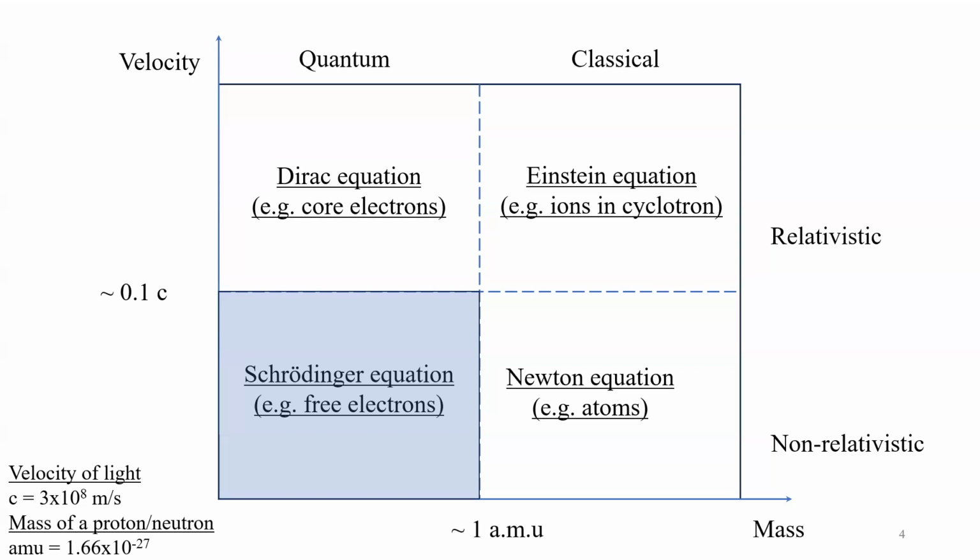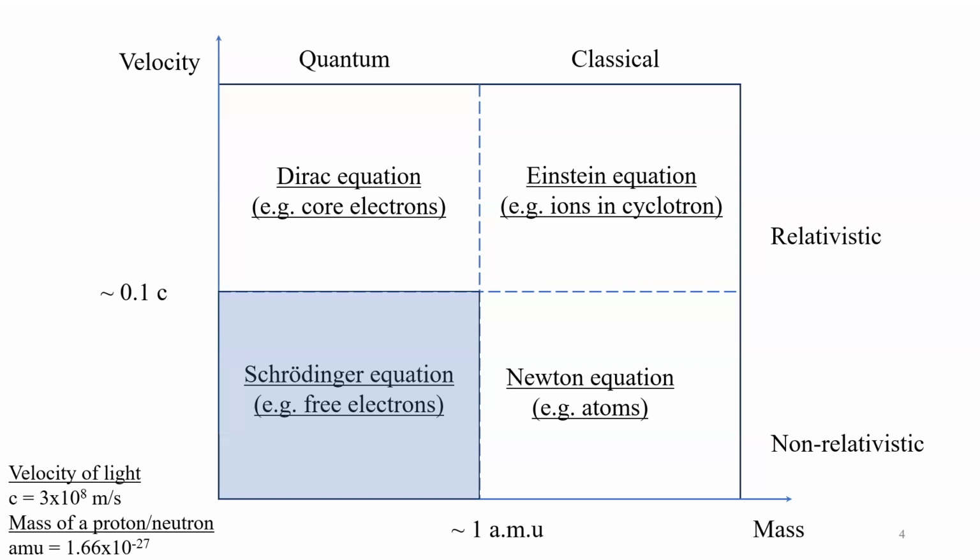However, there could be other domains of application. If the velocity of the particle is very high and it is still quantum in nature, such as the core electrons, we're going to use the Dirac equation. And if you're dealing with very heavy objects with very high velocity, such as the Large Hadron Collider, then we'll be dealing with Einstein's equation.